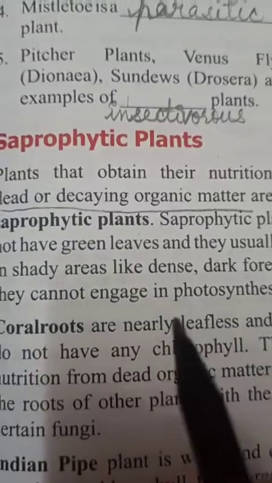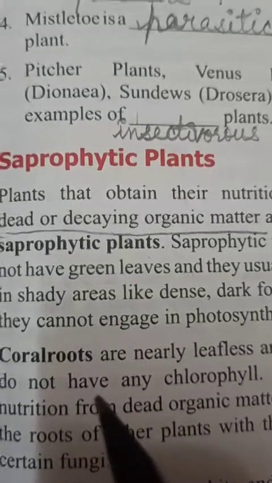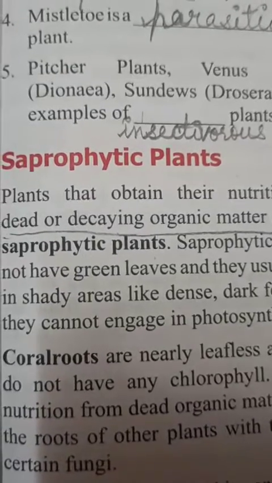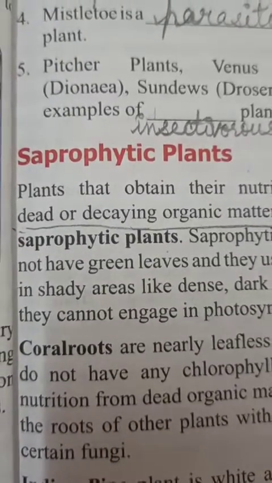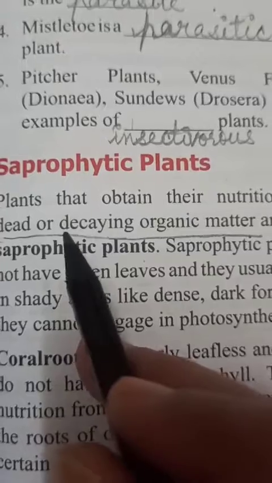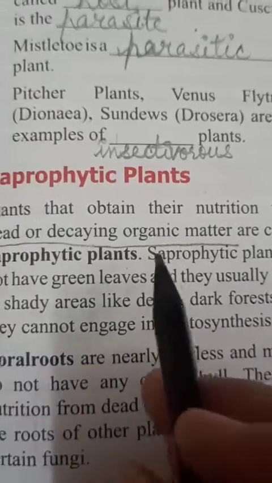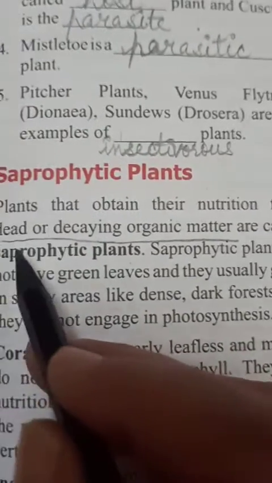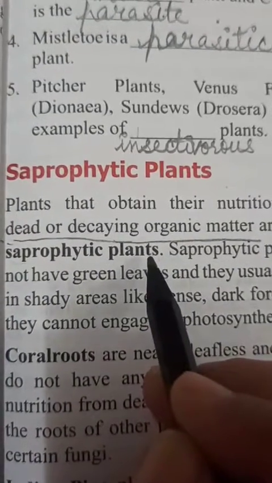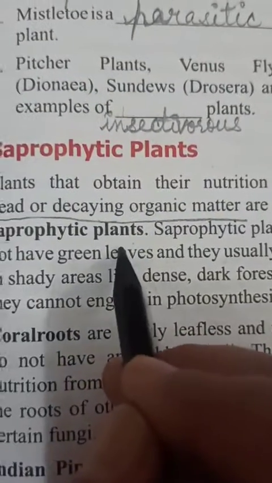In parasitic nutrition, the host is always living, meaning parasites live on or take nutrition from the living organism, living plant. But here some plants grow on dead or decaying organic matter. So they are called saprophytic plants.